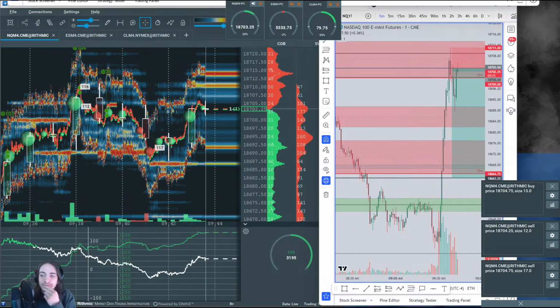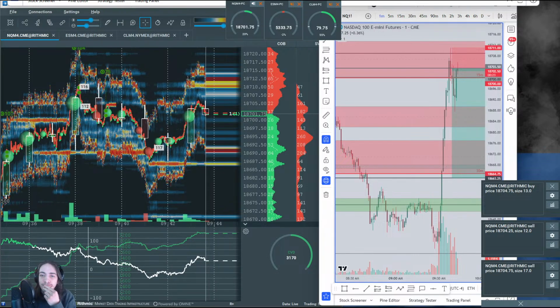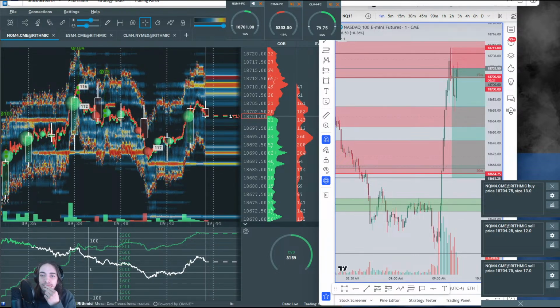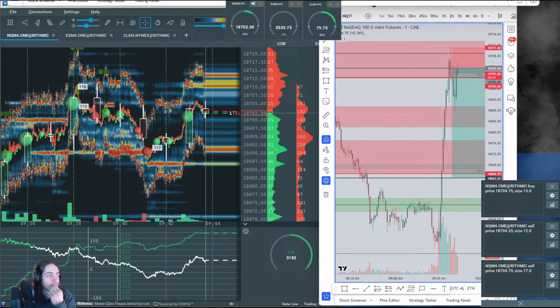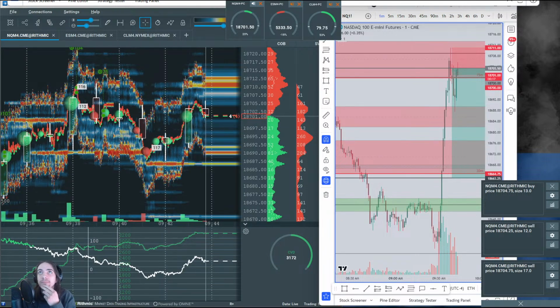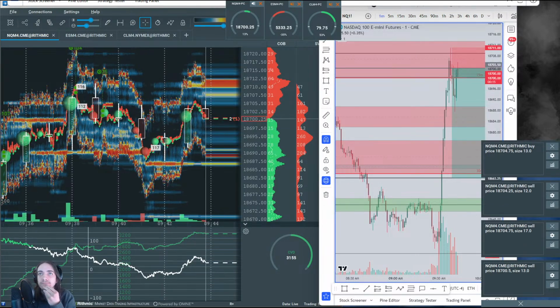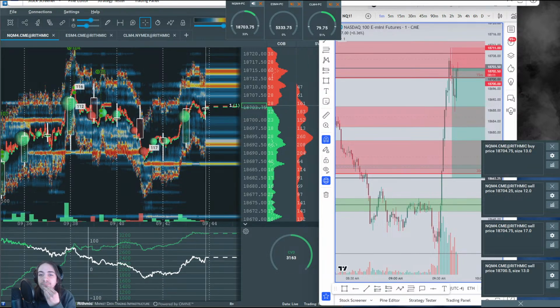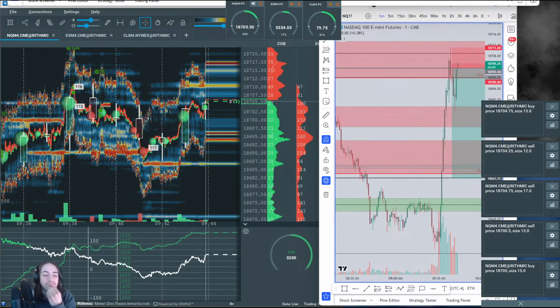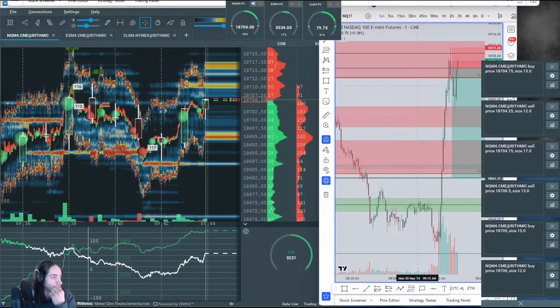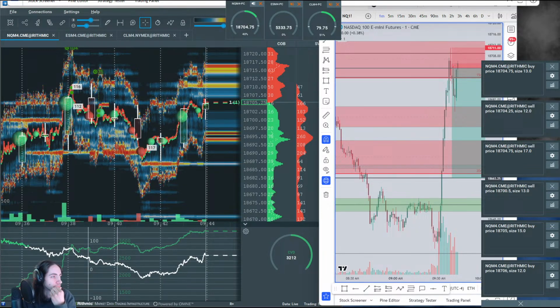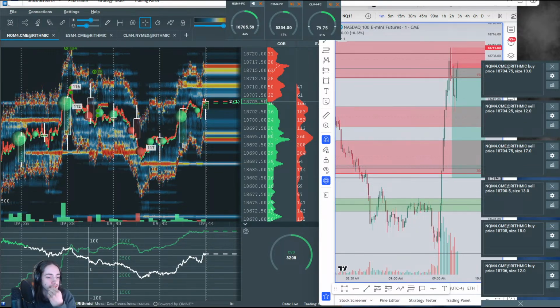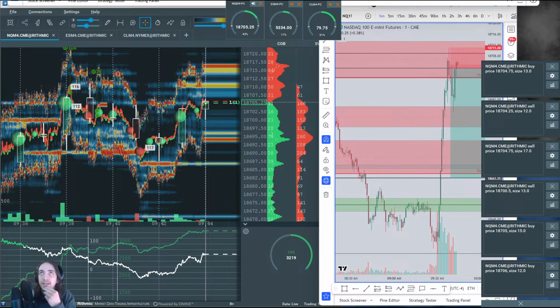The volume profile point of control from Thursday is at 722 to the north. Our current day point of control right now is around 670. Yeah, I'm really trying to see sellers step back in here.